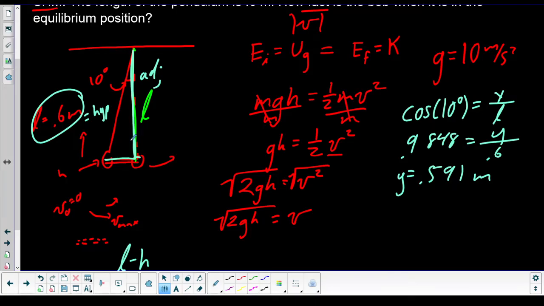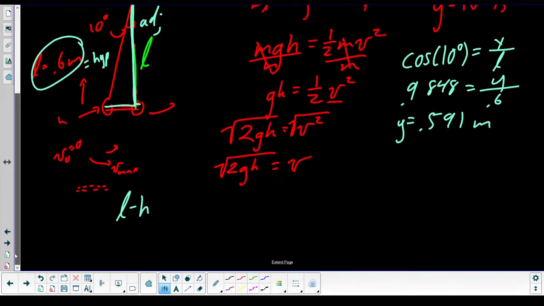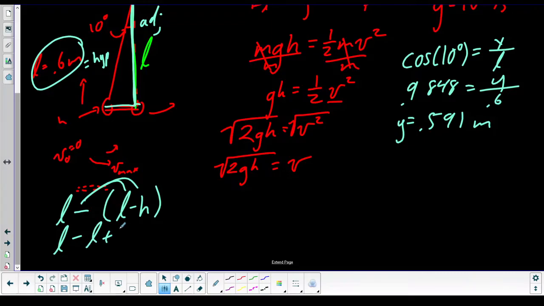So the difference in them is going to be H. So we're going to do L minus H. Distribute your negative, right? L minus L plus H. L's cancel, and we have H. So we're just going to do 0.6 minus 0.591.